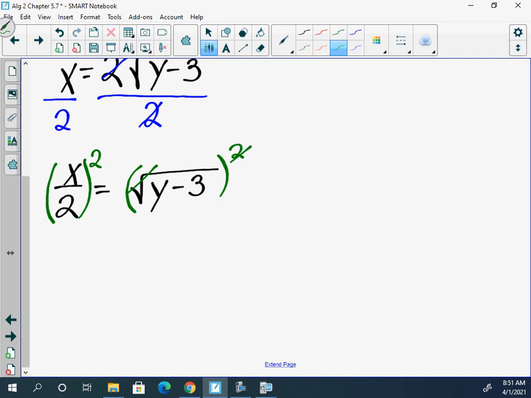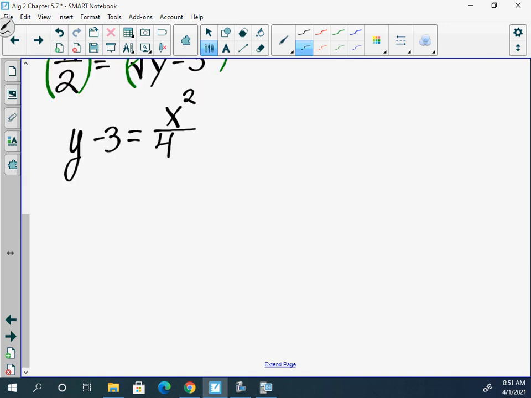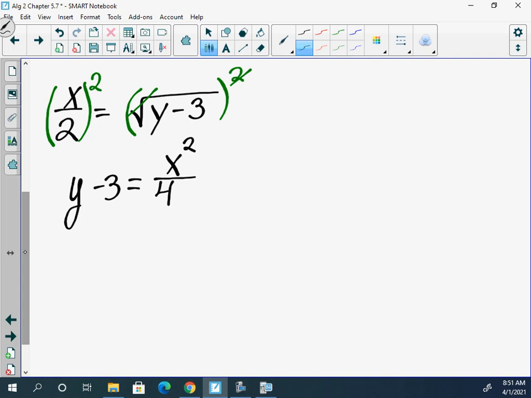Because the square root and square would cancel. So we'd have y minus 3 is equal to, so we can square the numerator and denominator. We can apply it to both. Well, x squared is x squared. 2 squared is 4. Almost. Plus the 3.